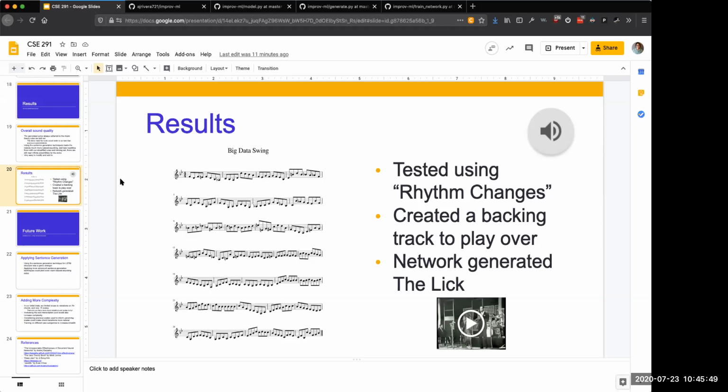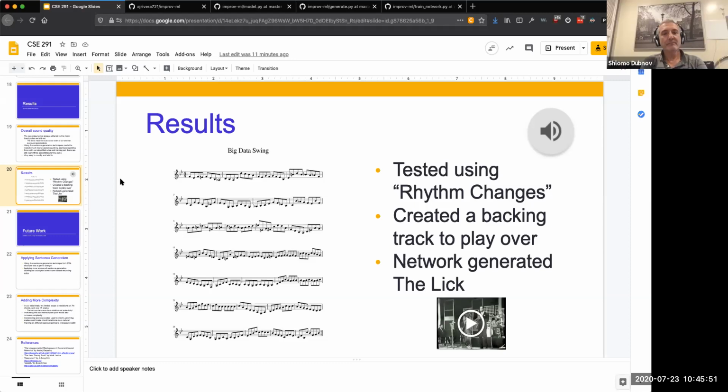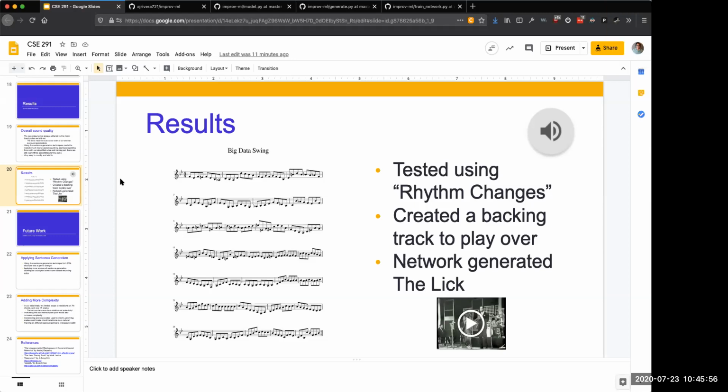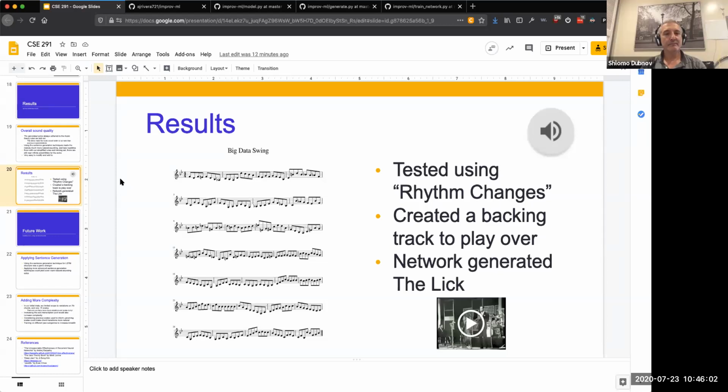You can add as many measures as you want, and then you press the go button and it would parse all of the UI elements, here's all the chords that were inputted, and then send that into the network in order to generate something.